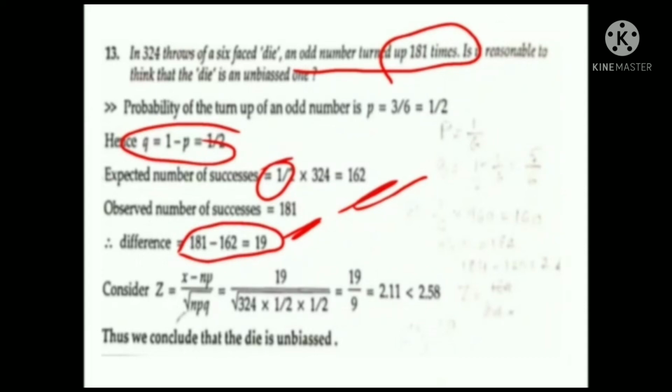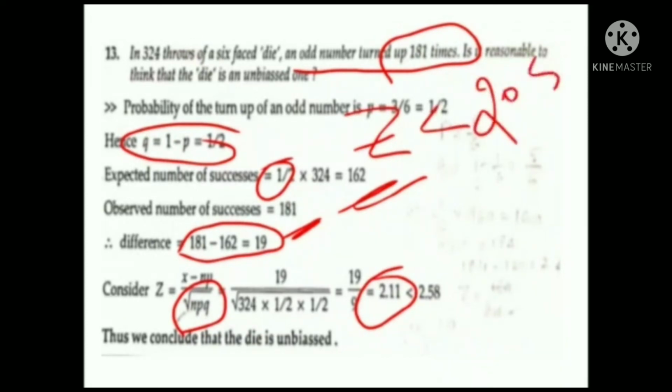Now that you know N, P and Q, substitute the values in the denominator to find the sigma. So we have the difference divided by under root of NPQ, that is 19 divided by under root of 324 into 1 by 2 into 1 by 2, which is going to give you 2.11, and we know that the Z value is supposed to be less than 2.58.